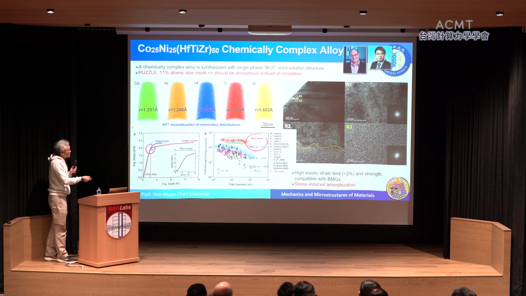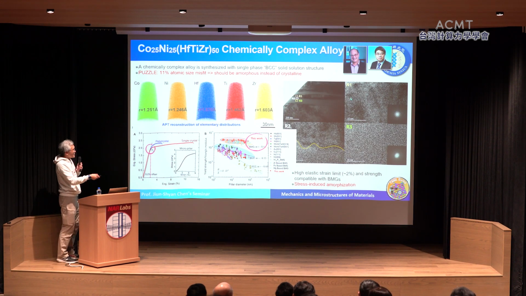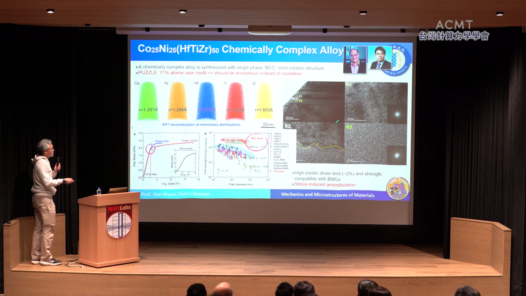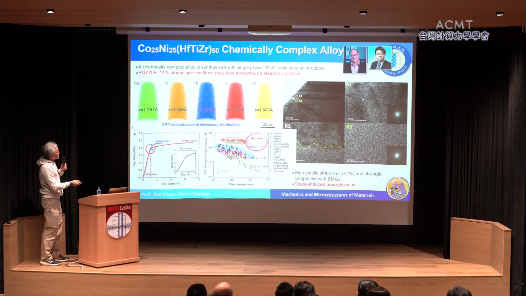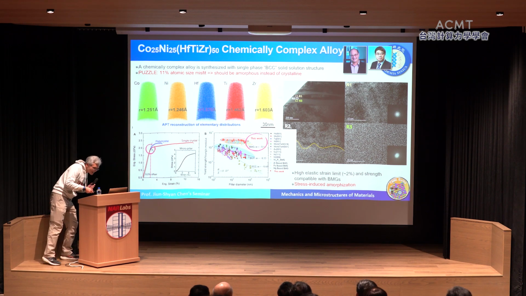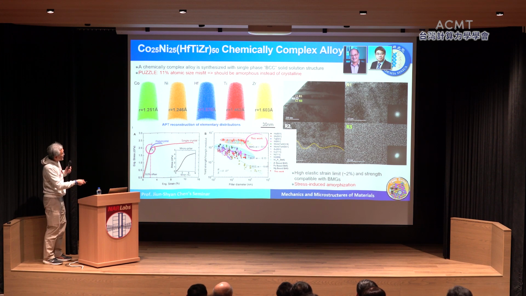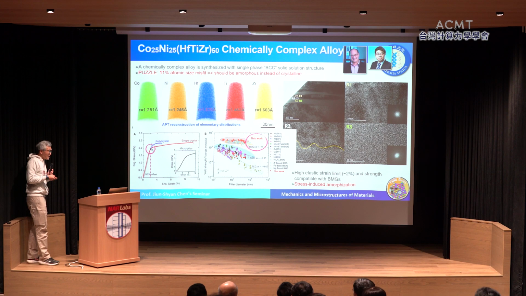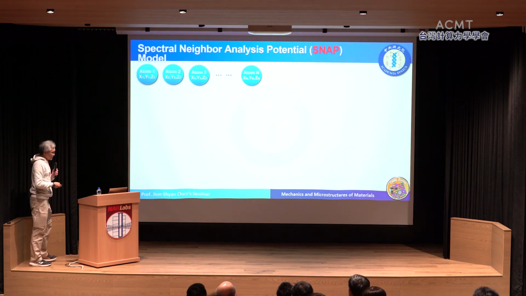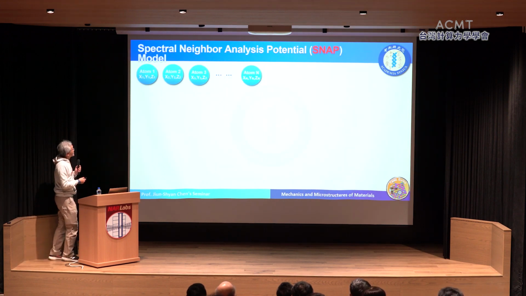The most interesting thing about this alloy is that upon plastic deformation, it can show both a crystalline phase and, as you can see from here, an amorphous phase. So when it yields, it can have both crystalline and amorphous phases. We want to study the large-scale plastic response of this material.